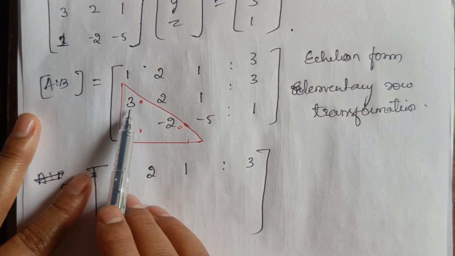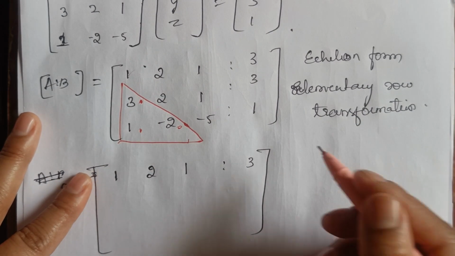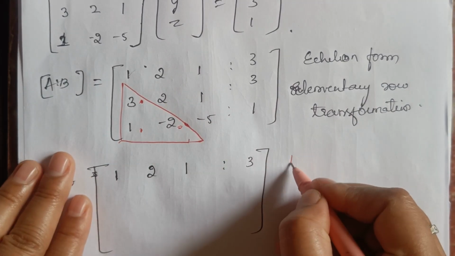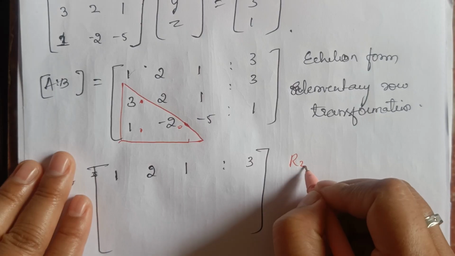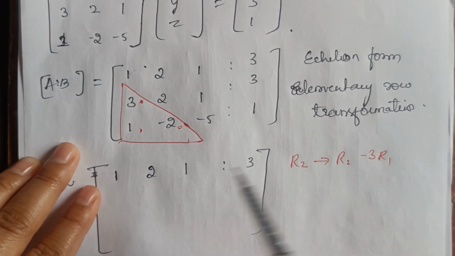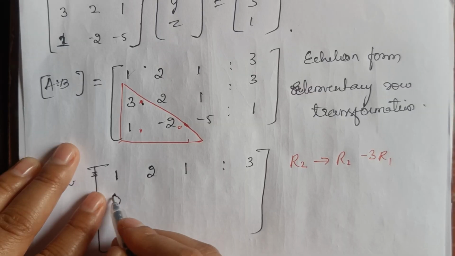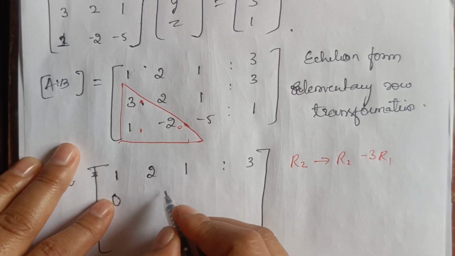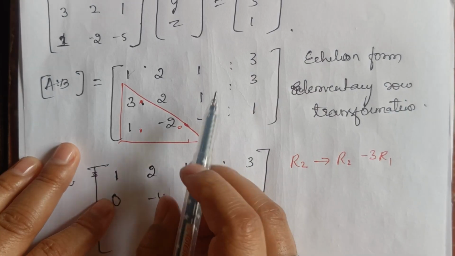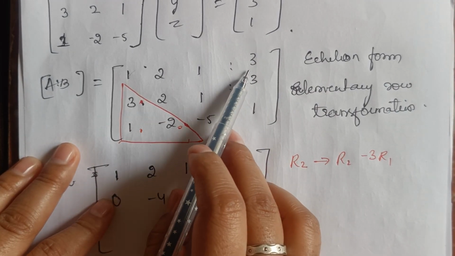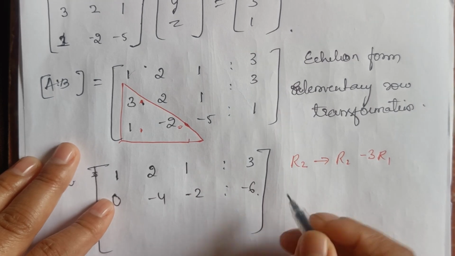Now I'm performing an elementary row operation on row 2 so that this becomes 0. What I'll perform is row 2 changing to row 2 minus 3 row 1. So 3 minus 3 is 0, 2 minus 6 is minus 4, 1 minus 3 is minus 2, 3 minus 9 is minus 6.